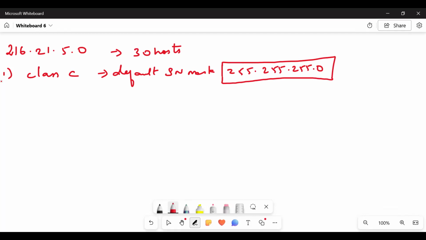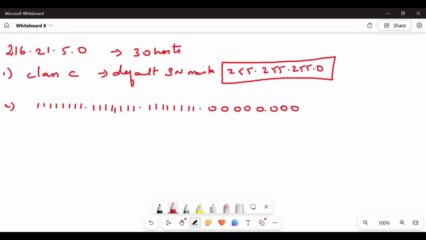Now we need to convert this into binary format. 255 means 1 1 1 1 1 1 1 1, then again 8 ones, again 8 ones, then 0 means 8 zeros.